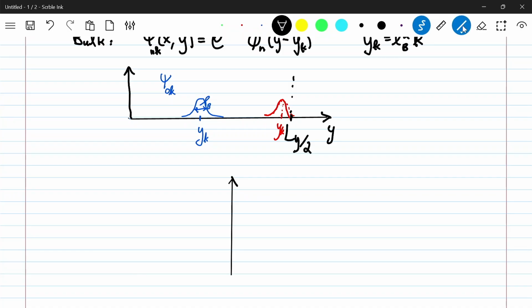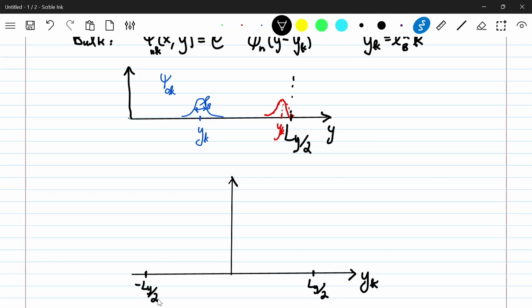But qualitatively, the important thing is that the energy is no longer degenerate for all the guiding centers, but it's going to be dispersive. There is going to be some dispersion of the energy as a function of k, or equivalently as a function of yk, which is the guiding center. So now I'm really plotting energy as a function of guiding center, where y changes between minus Ly over 2 to Ly over 2.